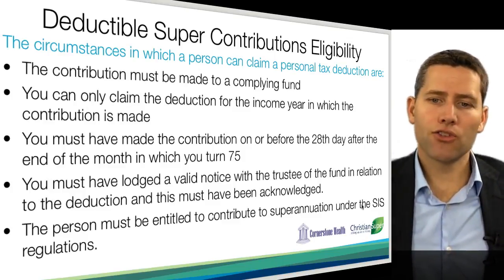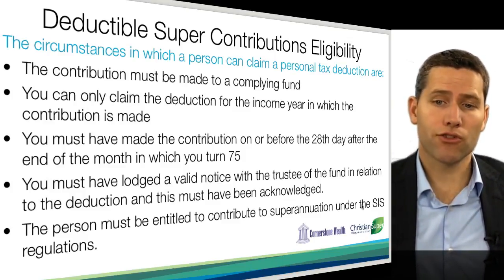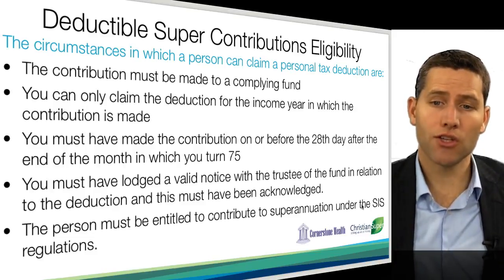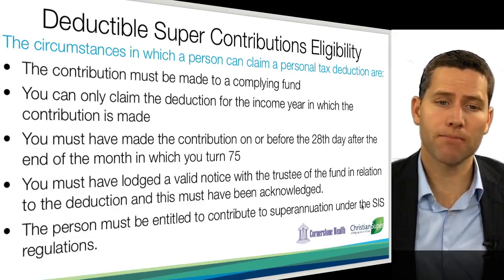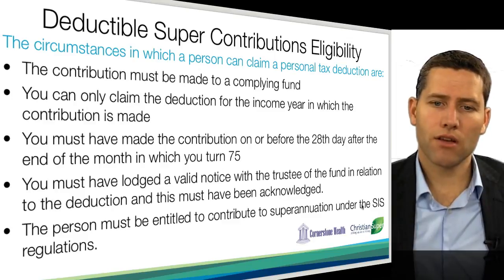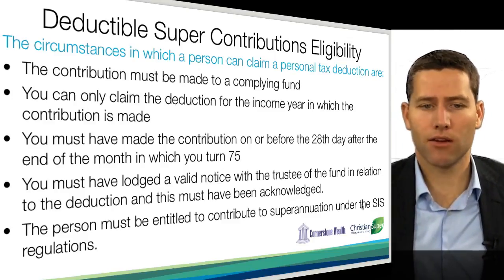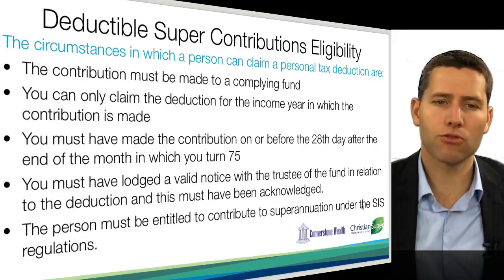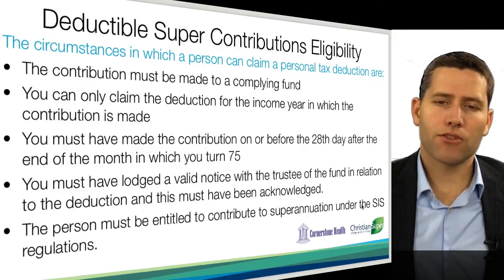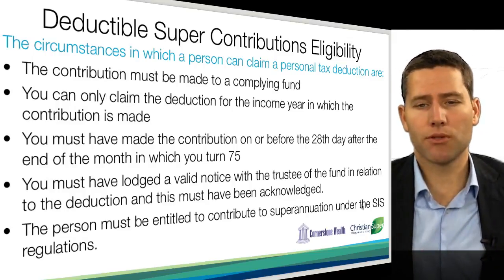You need to have lodged a valid notice with the trustee of your super fund, and it must be acknowledged. The deduction must be acknowledged by them, and the person who's made the contribution must be entitled to make those contributions under superannuation laws. So you just need to factor that in, and also that 10% rule that we talked about before.